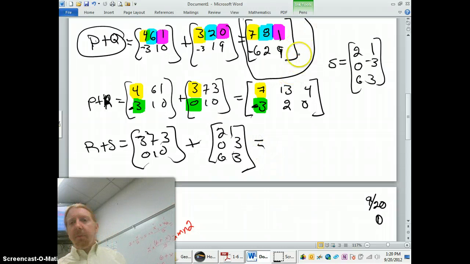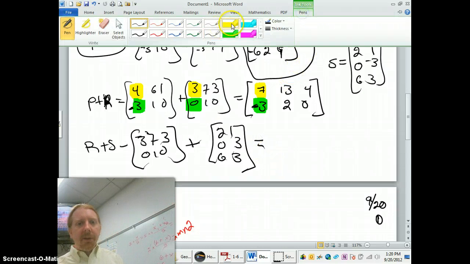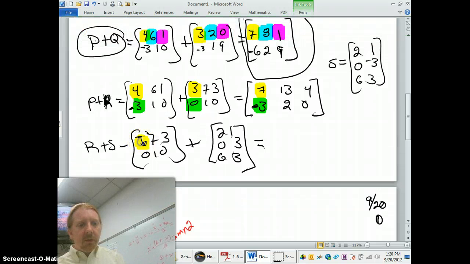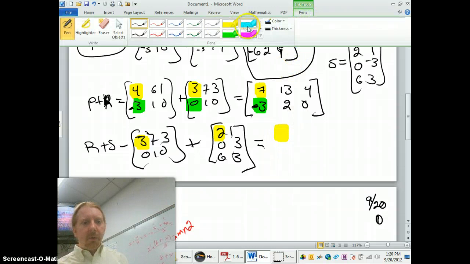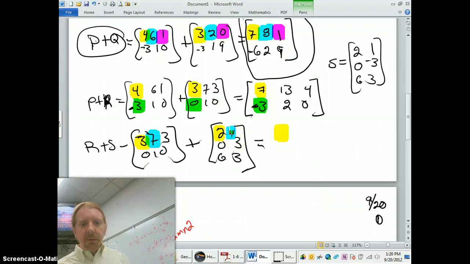Well, if I go through, I'm going to use my markers again to highlight who's getting paired together. This 3 is in row 1, column 1, so is that 2. So I would put that there. And then I could do 7 and 1, that would go here.